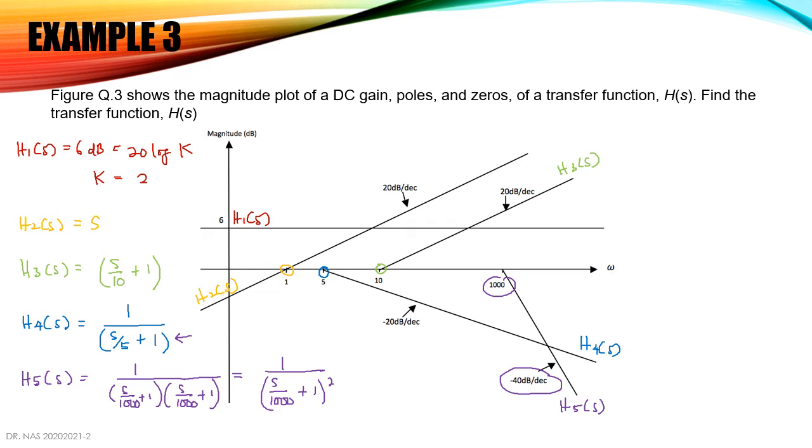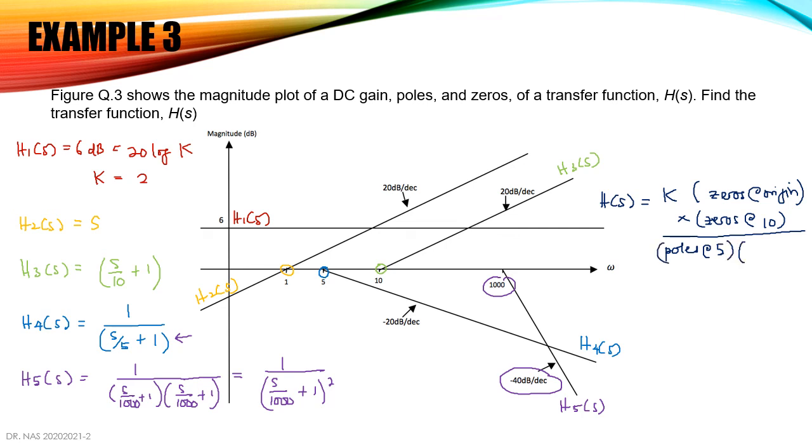So in this case, H(s) equals the constant K multiplied with zeros at origin, and then multiplied with zeros at 10, divided by poles at 5, and poles at 1000, to the power of 2.